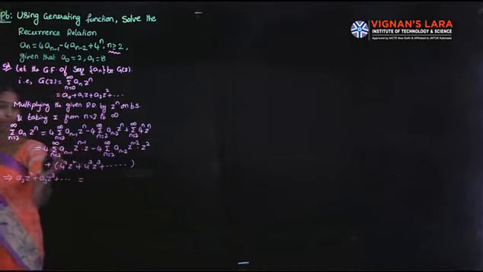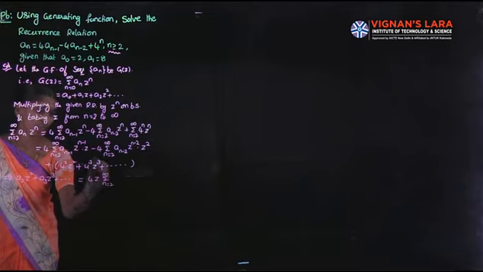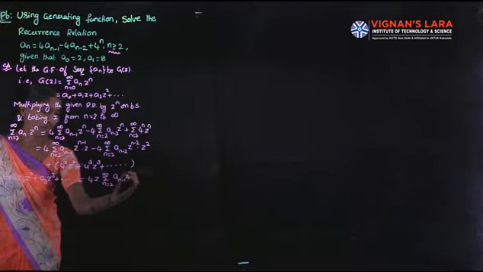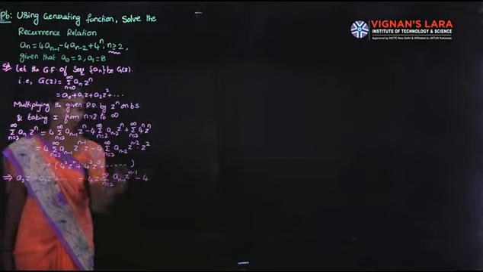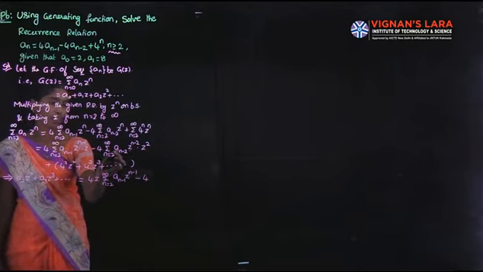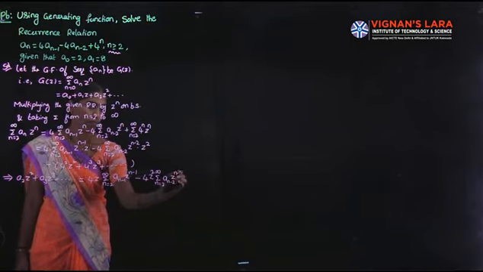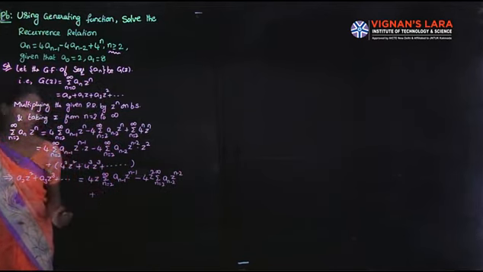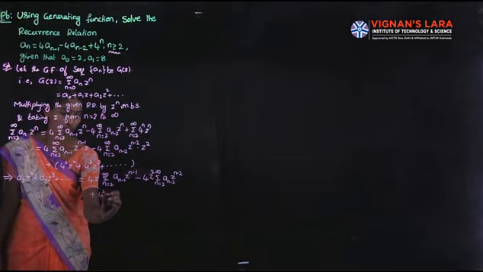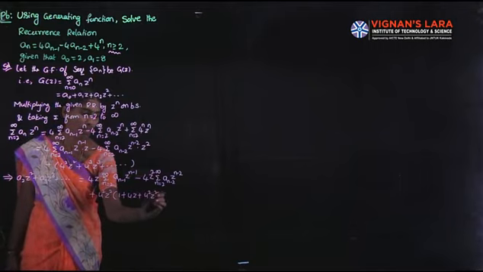Take this z before the sigma: 4z sigma n equal to 2 to infinity a_{n-1} z^{n-1}, minus 4 into, write this z^2 before the sigma. From this term, taking common 4^2 z^2, the remaining is 1 + 4z + 4^2 z^2 and so on.